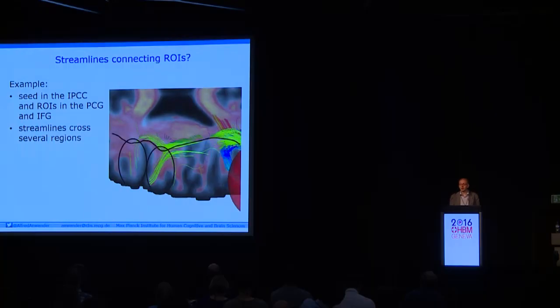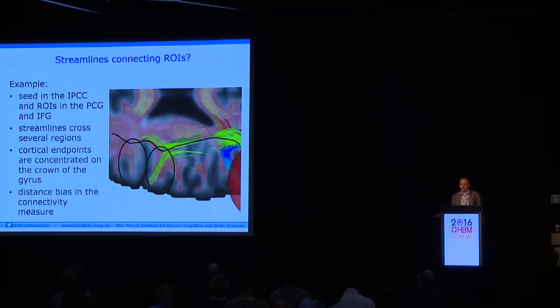A second point: where do the streamlines end? Most of the endpoints are at the crown of the gyri, like you see here at the very tip of the gyrus. This is called the gyral bias. There was a publication on this, and I will go into it a little deeper.